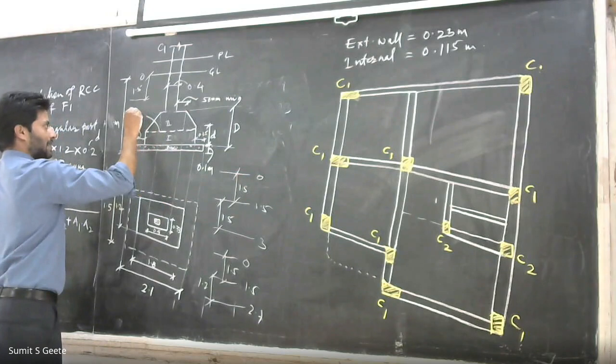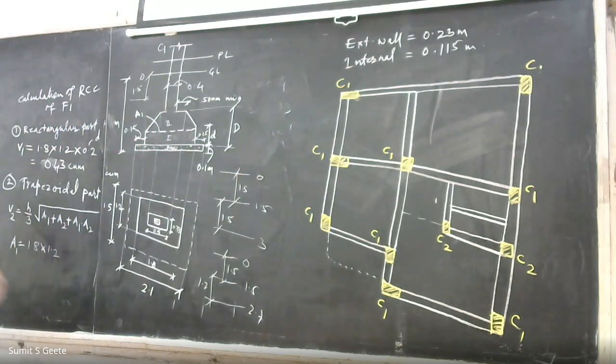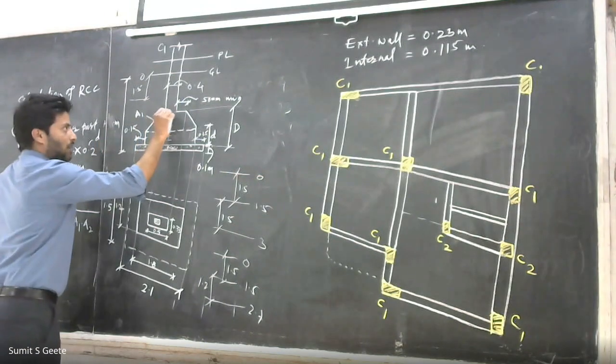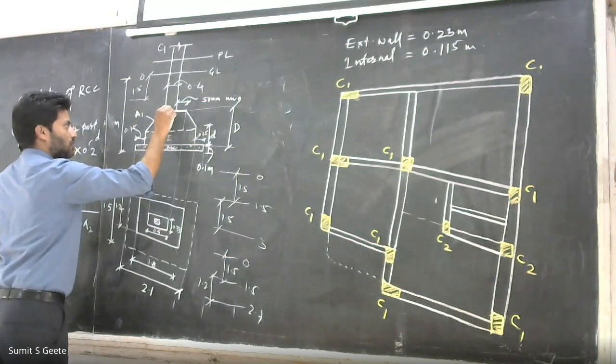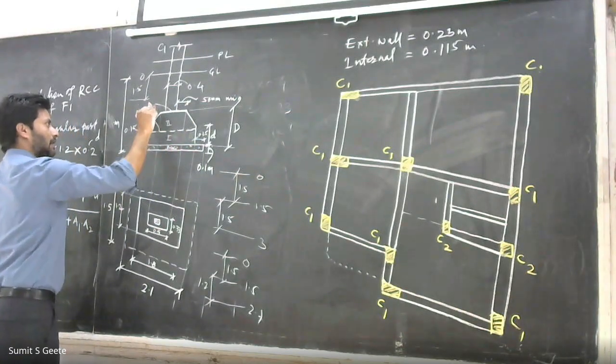So this is A1. Area at this location. Here. And what is A2? A2 is the area I want at this location. So this is A2.